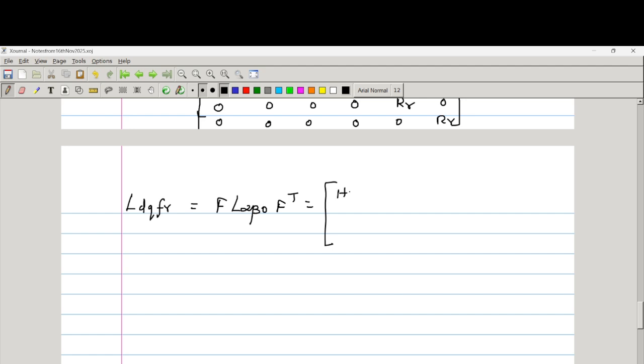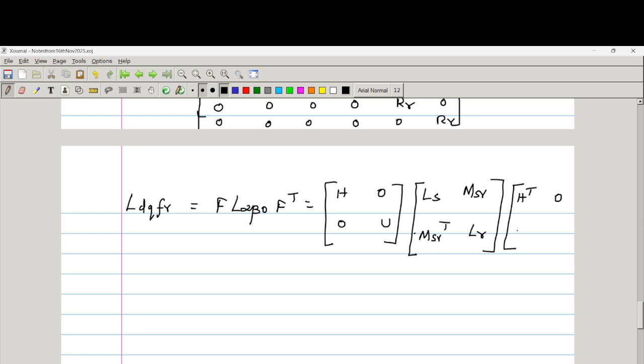F matrix equal to H 0, 0 U, then L alpha beta naught we can write as LS, MSR, MSR transpose matrix, then LR matrix, then we will have F transpose, that means H transpose 0, 0, U transpose. So this is the final.